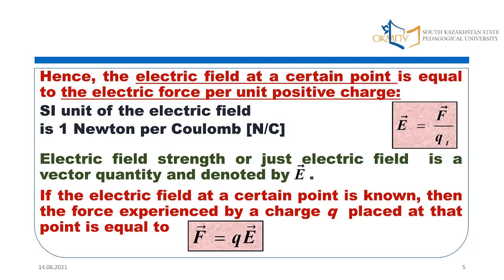The SI unit of the electric field is 1 Newton per Coulomb. If the electric field at a certain point is known, then the force experienced by a charge Q placed at that point is equal to the product of the charge and the electric field at this point.